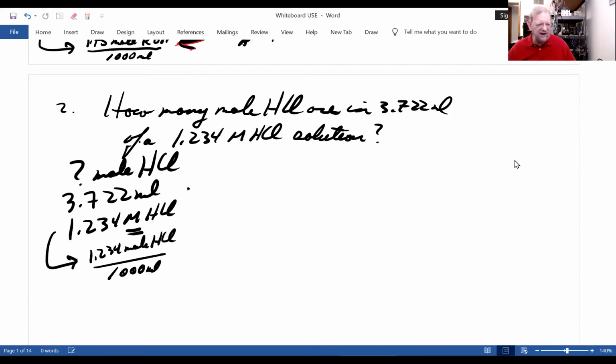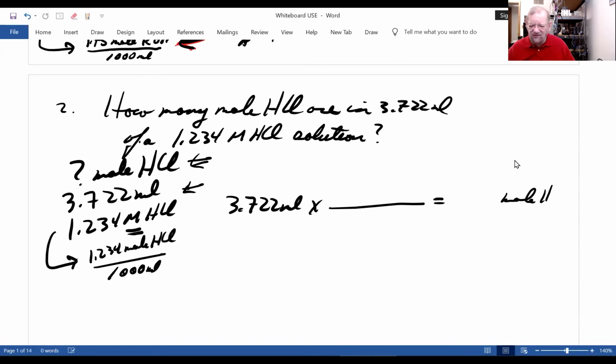And now I'll use my good friend, unit analysis. This is a key thing I have to start with. If I had a ratio that I could convert it to my answer, what units do I want my answer in? Moles of HCl.